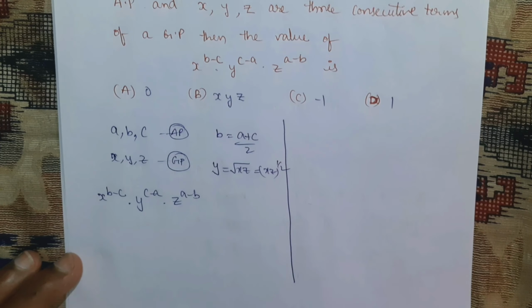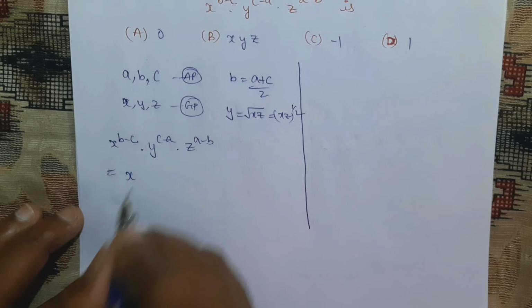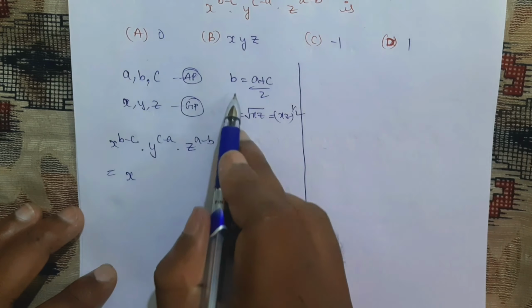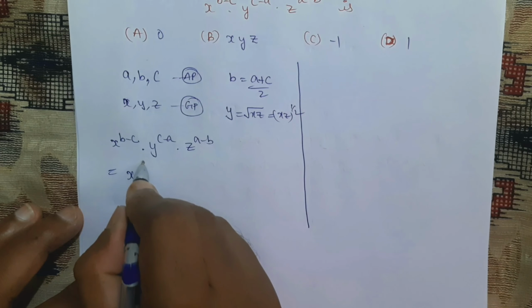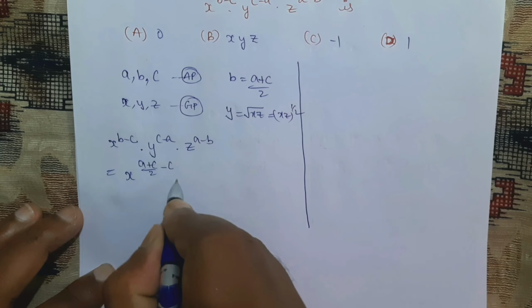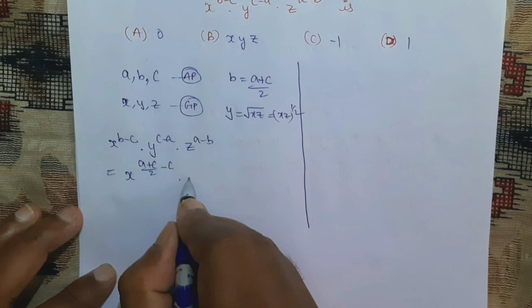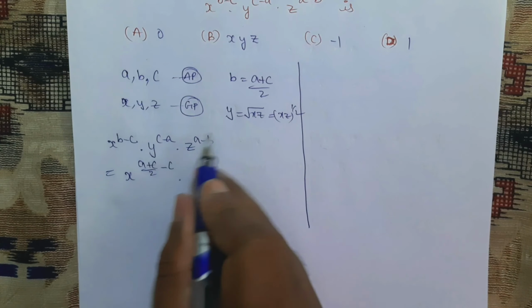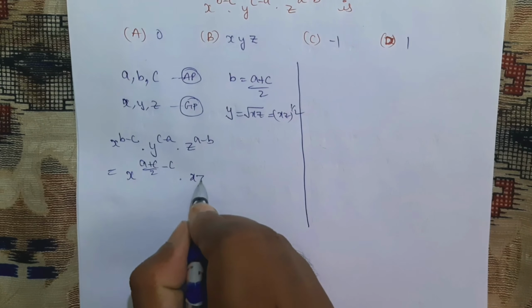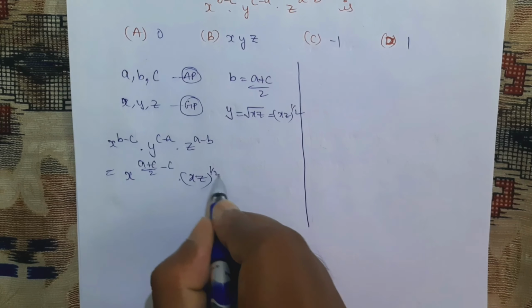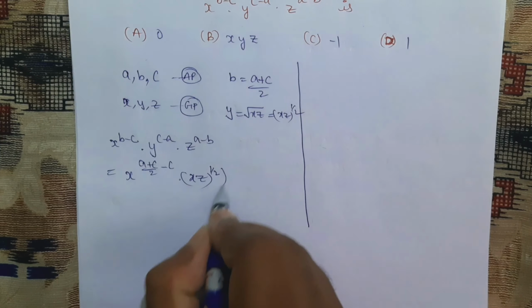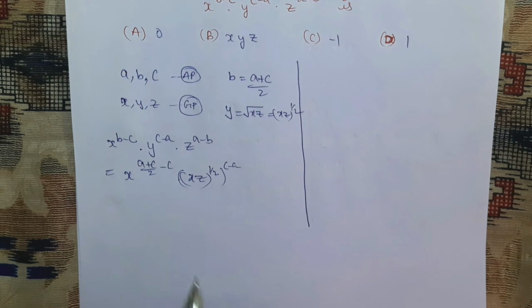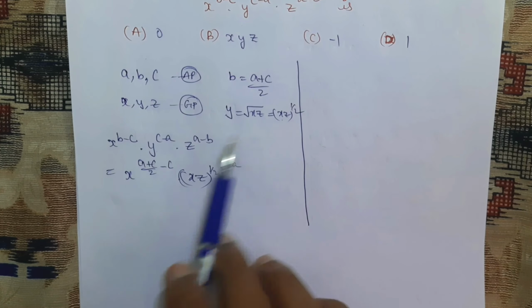So now we will substitute the values of x, y and b. x to the power of (b minus c), but what is b? b is (a plus c) by 2 minus c, and then y to the power of (c minus a). What is y? (xz) power 1 by 2, again to the power of (c minus a), into z to the power of (a minus b).